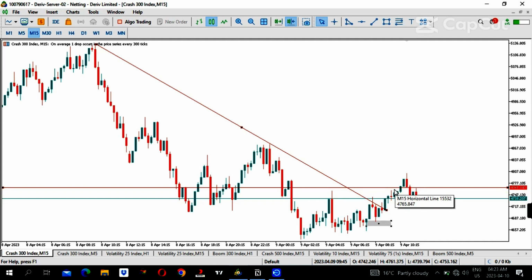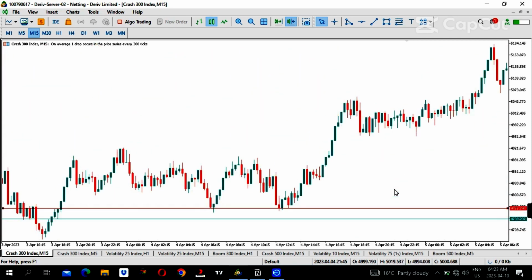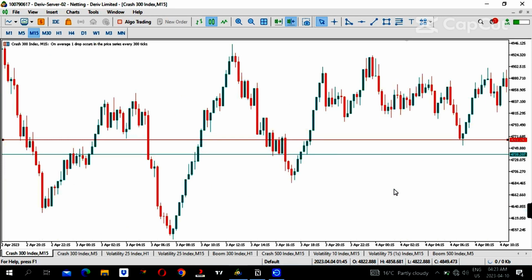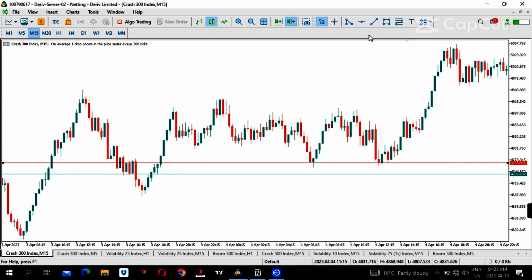But let me check if there's a visible instant where the trend line gets respected, right? So somewhere like over here, let's see if this works out. Right over here, you connect your trend line, this first point and this second point, right?